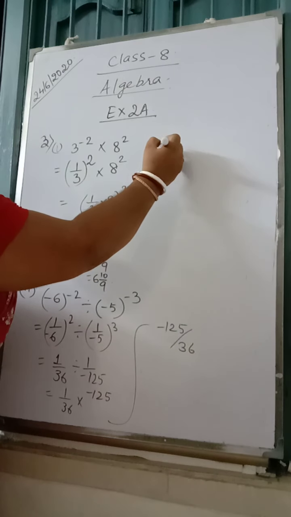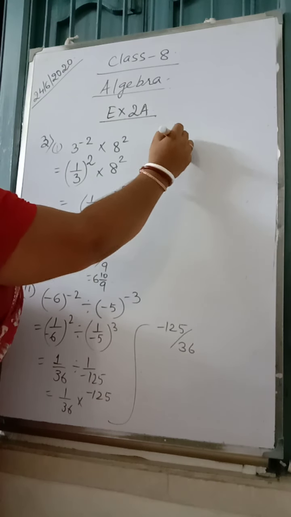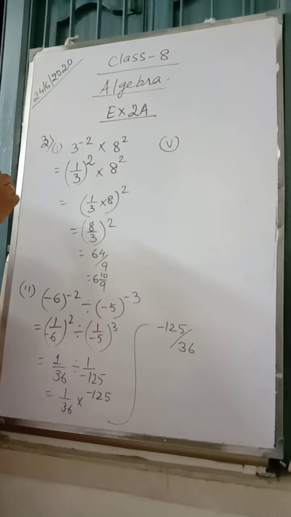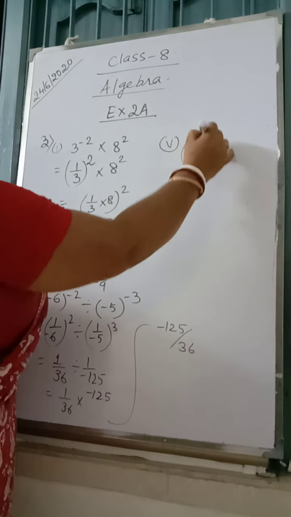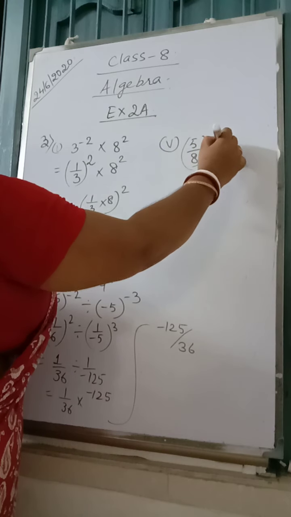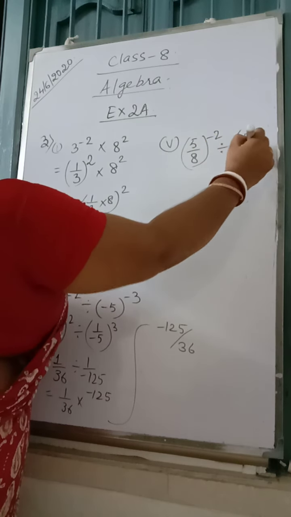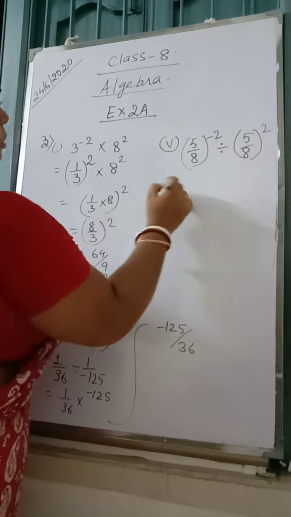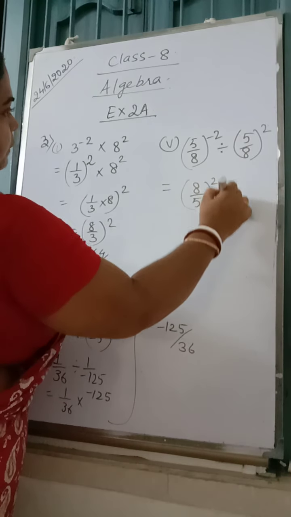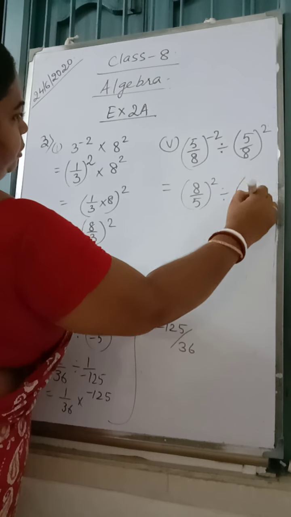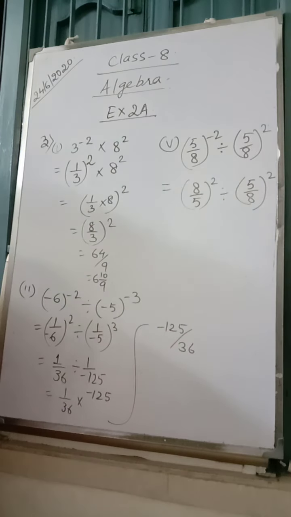Look at question number 5. It is 5 by 8 to the power minus 2 divided by 5 by 8 to the power 2. So what are we going to write? 8 by 5 to the power 2 divided by 5 by 8 to the power 2.